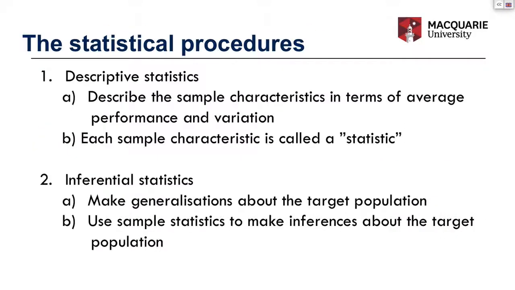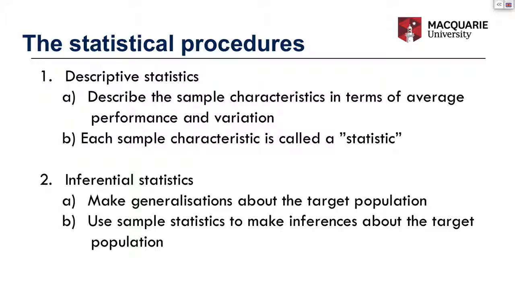The statistical procedures, therefore, are descriptive statistics and inferential statistics in quantitative research more broadly, but in questionnaire surveys in particular. Through descriptive statistics, researchers describe the sample characteristics in terms of the average performance and variation among the participants.